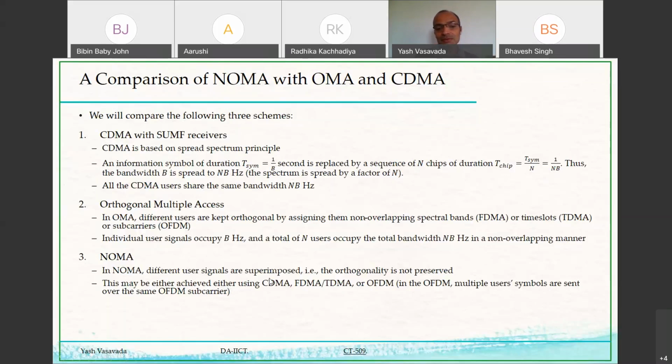It can use FDMA, TDMA, or it can even use OFDM, where the individual subcarrier of OFDM, in the conventional OFDM, each subcarrier transmits only one user symbol. Whereas NOMA says that on a particular subcarrier, I will transmit maybe 2 user symbols or 3 user symbols.